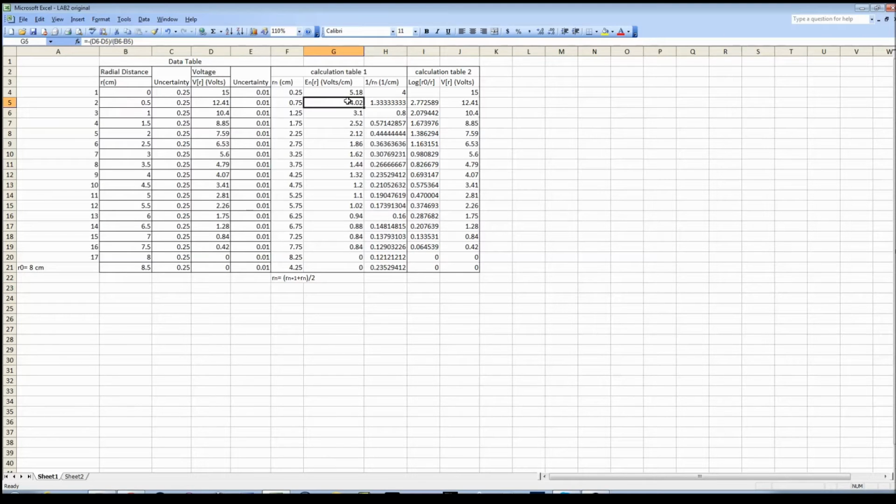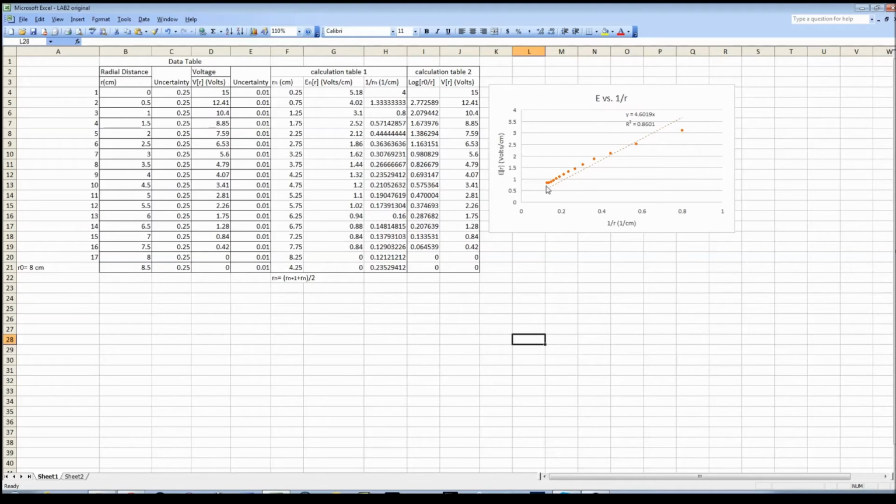This will be Vn plus 1 minus Vn divided by Rn plus 1 minus Rn. And then we have 1 over Rn, which is simply the reciprocal of our column in Rn. Now we will plot a graph of ENR versus 1 over Rn.